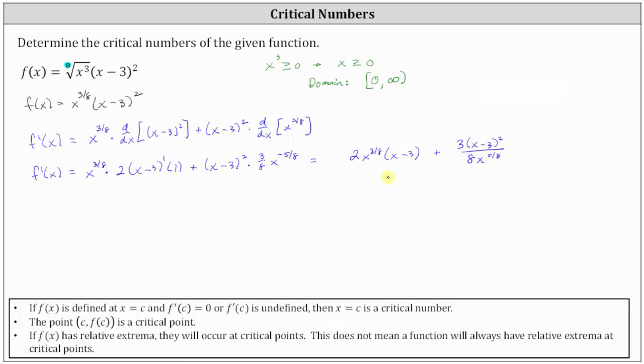And now to find the critical numbers, we need to determine where the derivative is equal to 0 or undefined. Notice how here when x equals 0, we have division by 0, which is undefined, and therefore x equals 0 is a critical number. Also notice 0 is in the domain. So let's keep a list of our critical numbers. So far we have x equals 0, and now we set the derivative equal to 0 and solve.